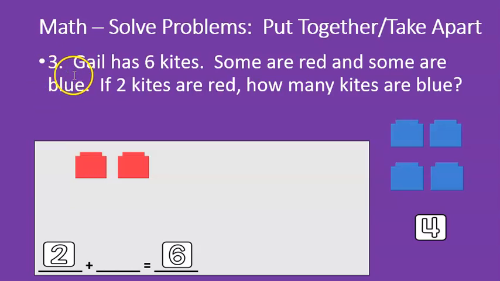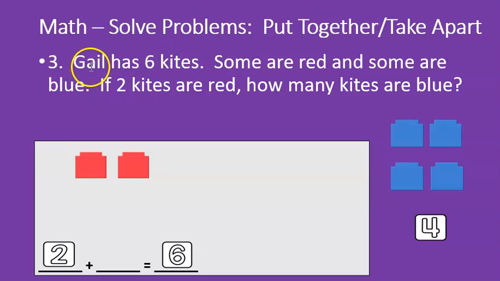Now, number 3. Okay? Let's read it to know what we are working with. Read with Mr. Begay. Gail has 6 kites. Some are red and some are blue. If 2 kites are red, how many kites are blue? Okay, now, let's read again up here.